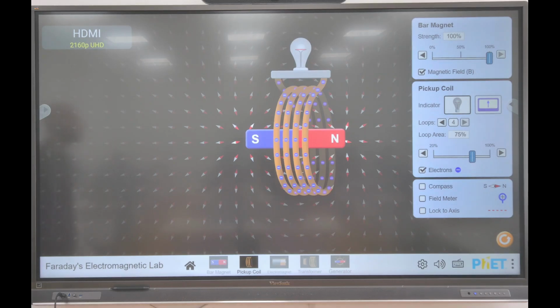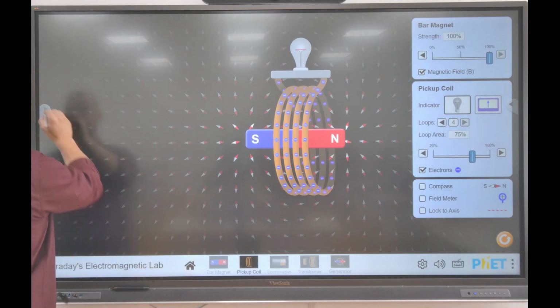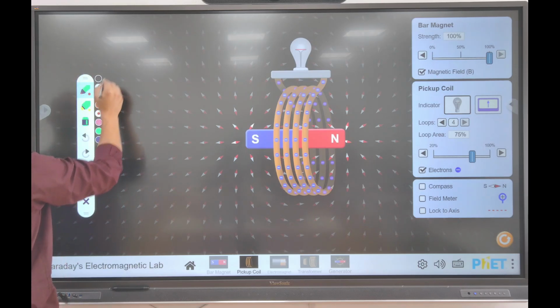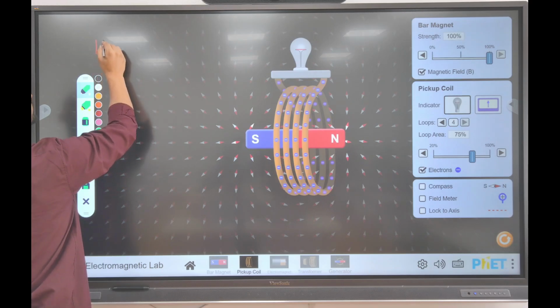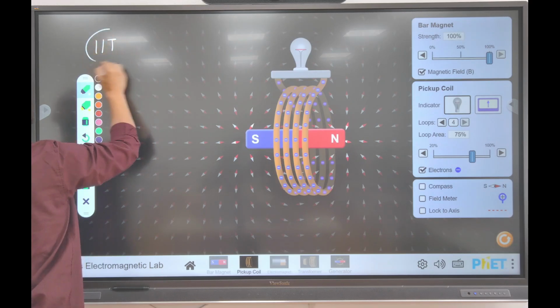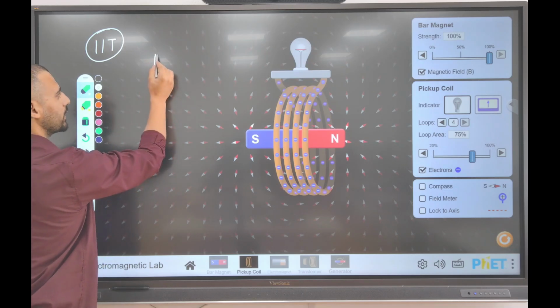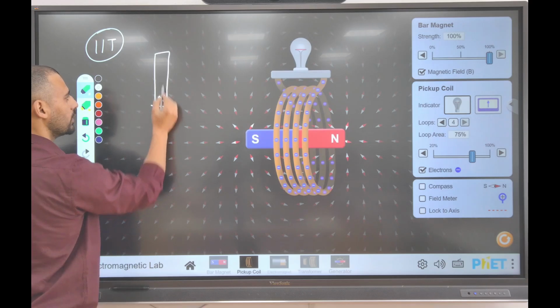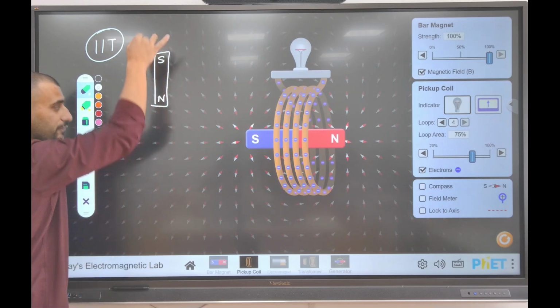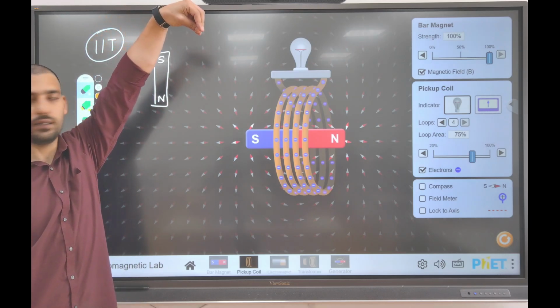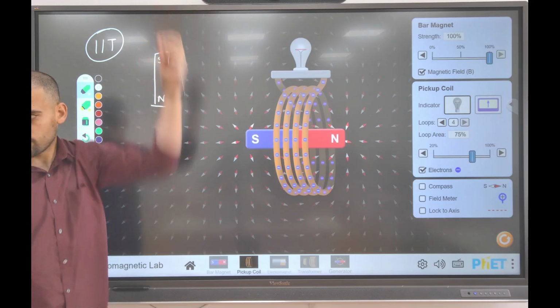Now see, there was a question which was asked in IIT. The question was based on the concept of electromagnetic induction. There is a bar magnet, north pole, south pole. It is falling because of gravity. So I had a bar magnet in my hand and I dropped it. It will fall.